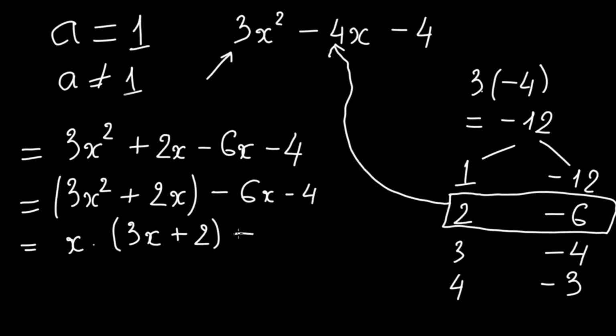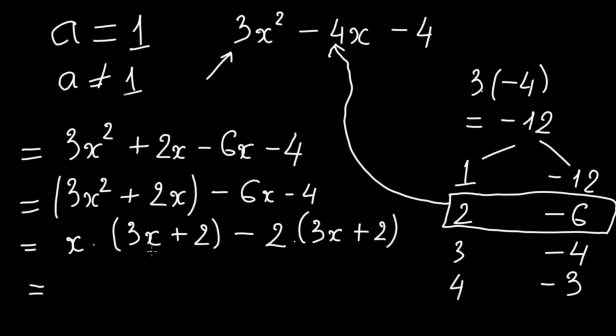And then we put a minus sign right here, and then we put 2 outside, so inside is gonna be 3x. See, negative 2 times 3x equals negative 6x, right? And then we put plus 2 inside right here. Minus 2 times 2 equals negative 4 right here.